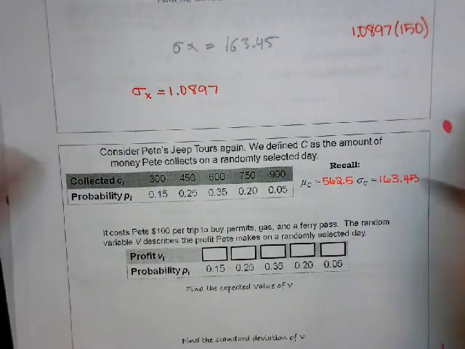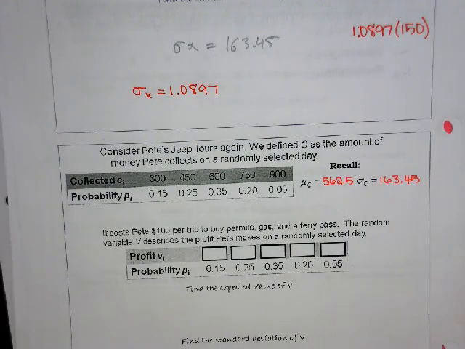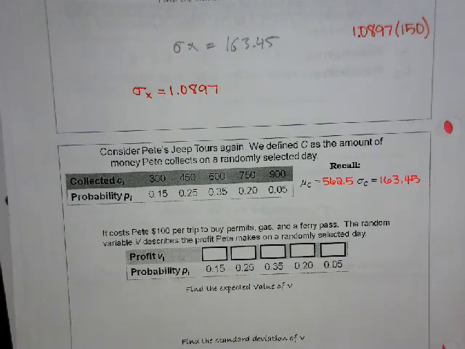It costs Pete $100 per trip to buy the permits, the gas, and a ferry pass. Maybe not in Africa. I don't know what ferry they'd be taking in Africa. The random variable V is going to describe the profit Pete makes on a randomly selected day.